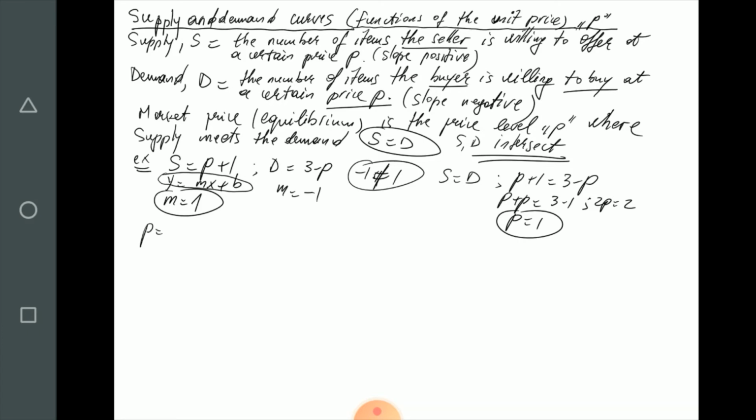So P equals $1 gives me the market price. And at this level, the supply is equal to the demand. If I replace P with 1 in the supply curve, I get 2 items. If I replace P with 1 in the demand curve, I get 2 items as well, and they're equal.